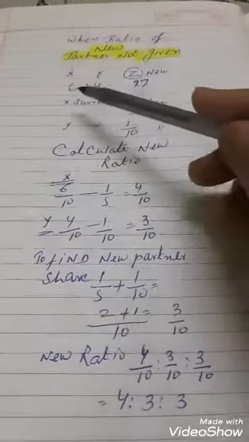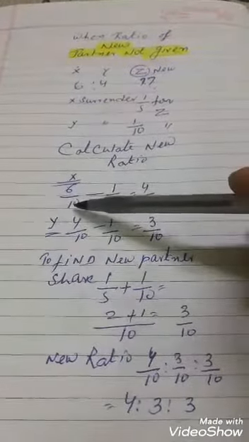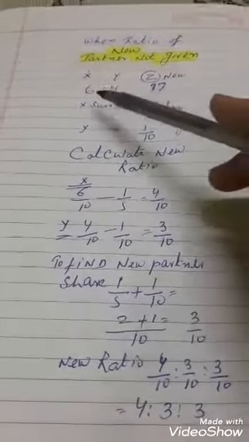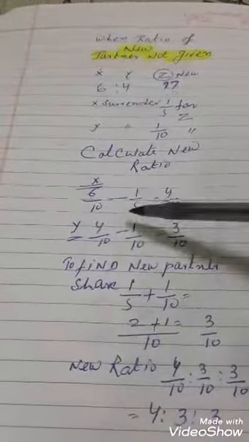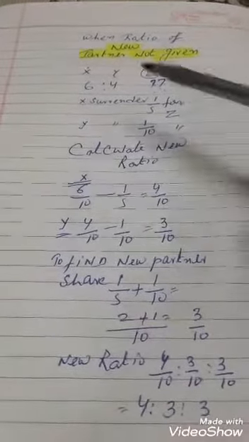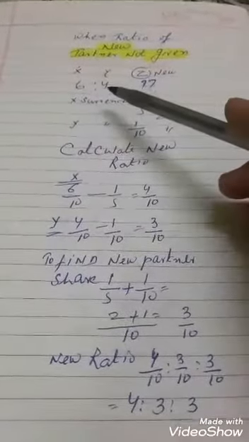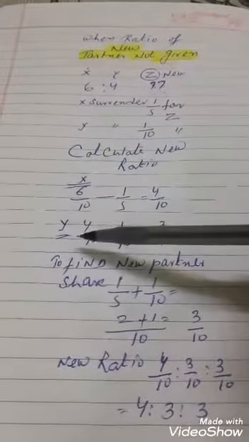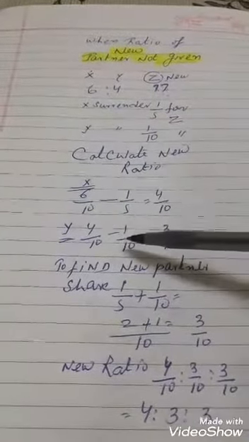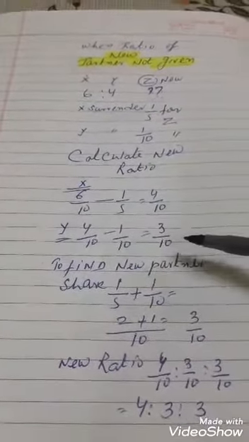X's ratio is 6/10, surrender 1/5, 6/10 minus 1/5, X's new ratio is 4/10. Y's ratio is 4/10, surrender 1/10 for Z, Y's new ratio is 3/10.